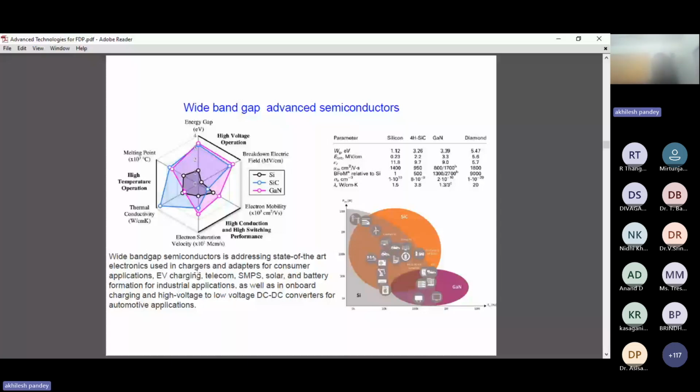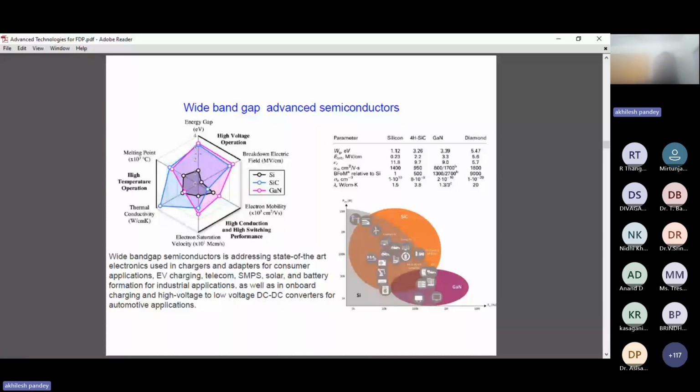Here you can see several materials: silicon, SiC, gallium nitride and diamond, and their parameter comparison is shown here. Silicon carbide and gallium nitride are hexagonal, and all the properties have been shown. Silicon's temperature compatibility is low as compared to gallium nitride and silicon carbide.